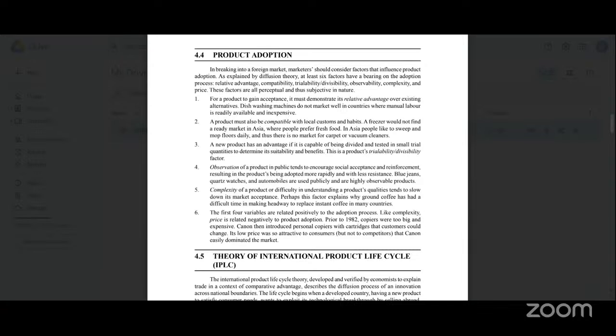So if I'm selling dishwashing machines in a market where manual labor is readily available and inexpensive, it may not work well. Take the example of India. While washing machines have taken predominance in the market, the dishwashing machines still haven't made that kind of impact because manual labor is readily available and relatively inexpensive.